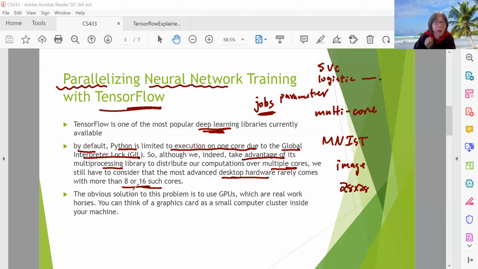So the solution to take advantage of machine learning's benefits using parallelism is the GPU, the graphics processing unit, because a graphics card is like a smaller computer cluster inside the machine. We should take advantage of the GPU.